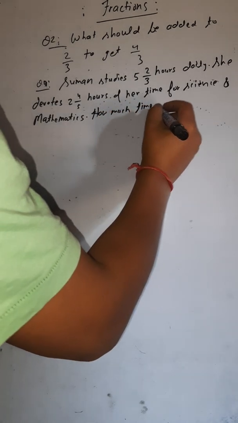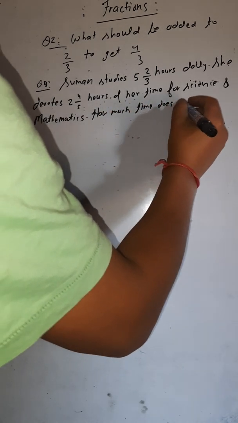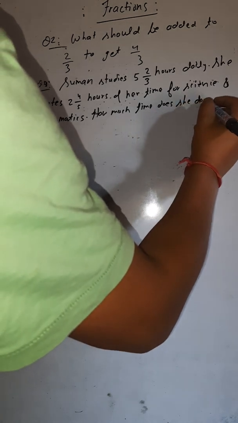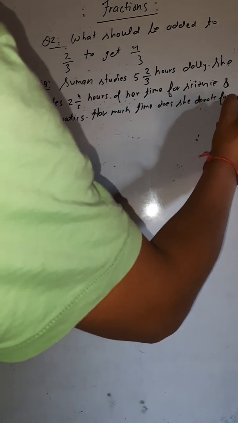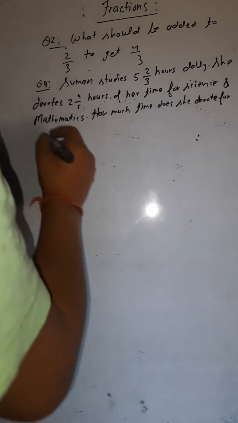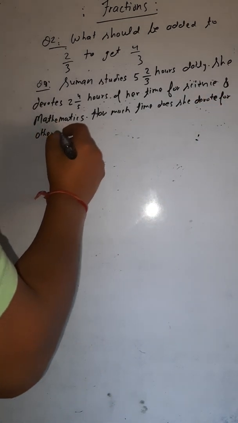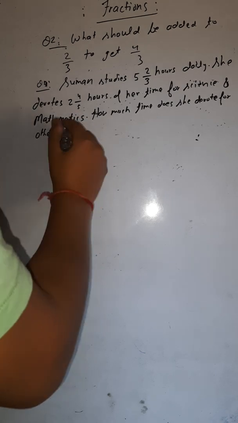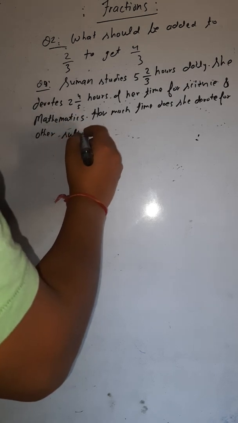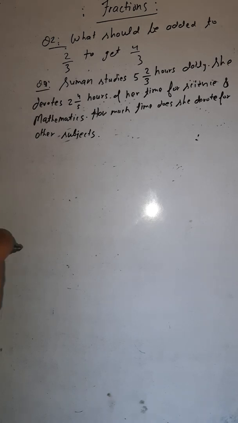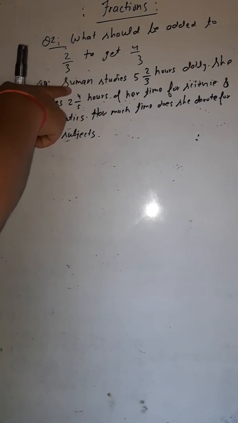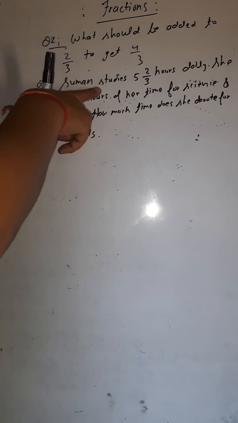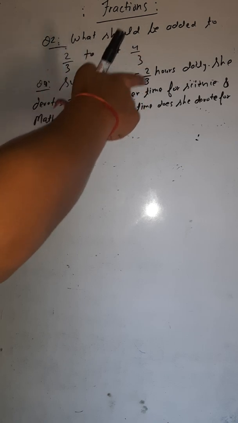Now here you can see Suman is reading 5 whole 2 by 3 hours daily.